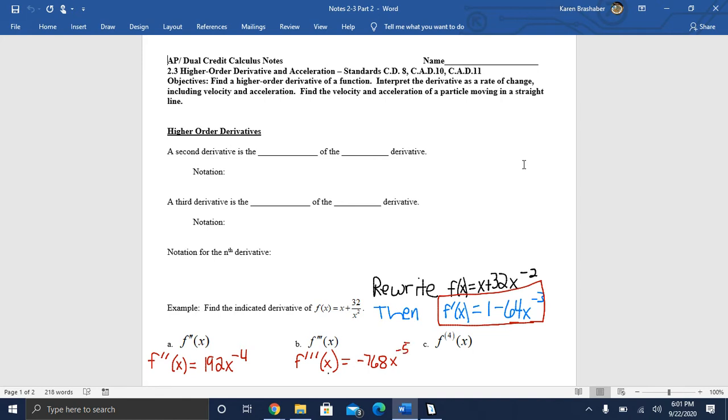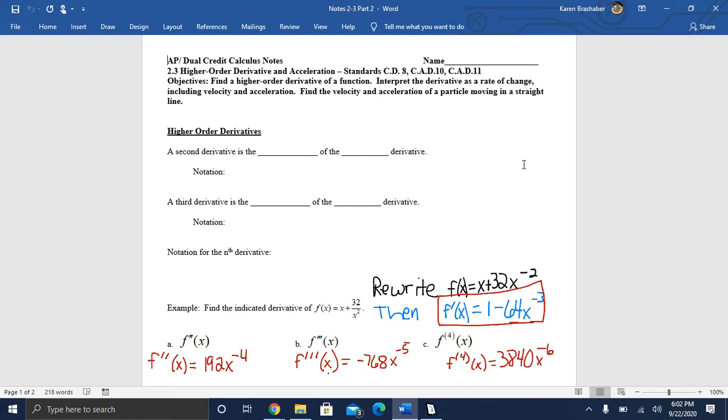And then your fourth derivative, so that's the notation we see here, would be the derivative of the third derivative. So we would take negative 5 times negative 768, and that would be 3,840, and then x, and we would drop an exponent to negative 6.